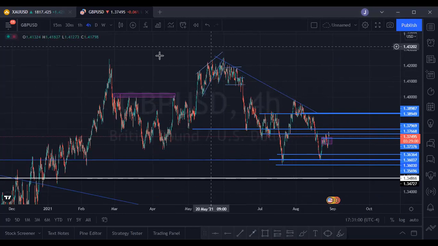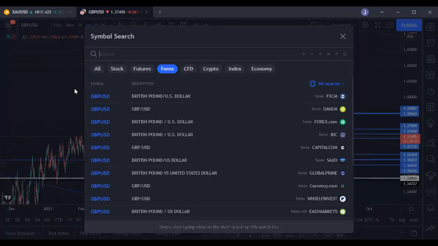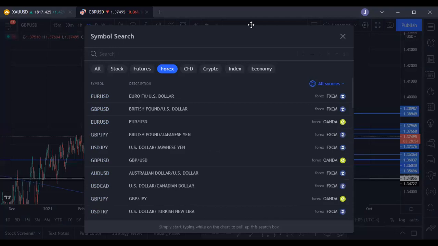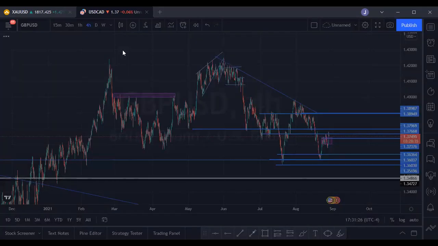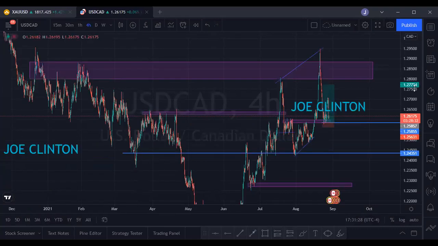Then another pair I'll be looking at is USD CAD. All right.